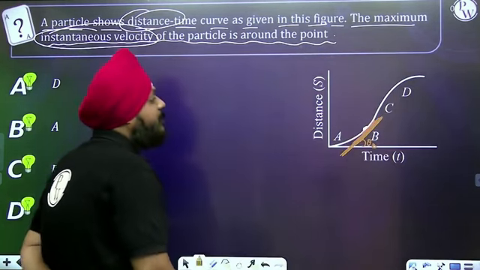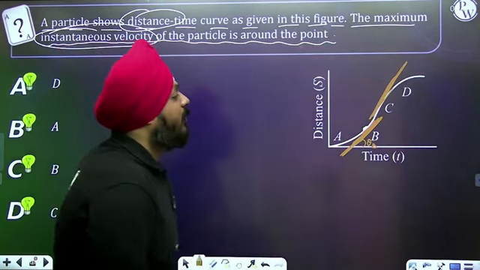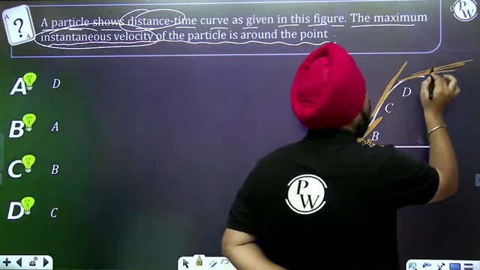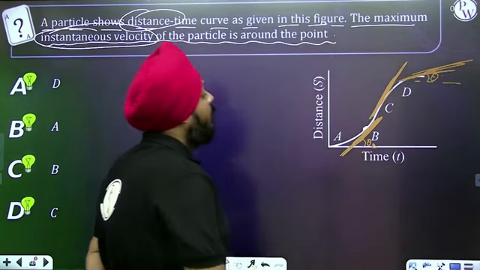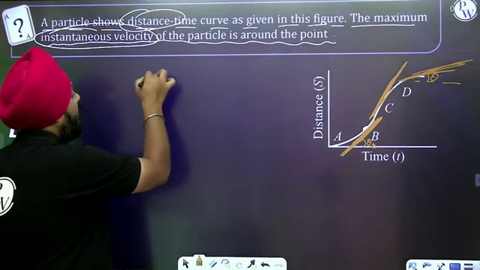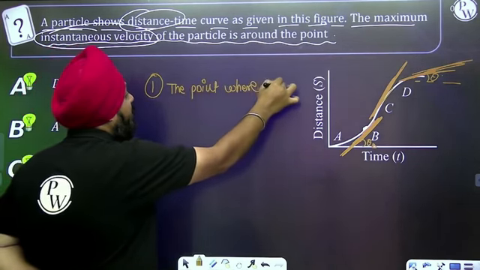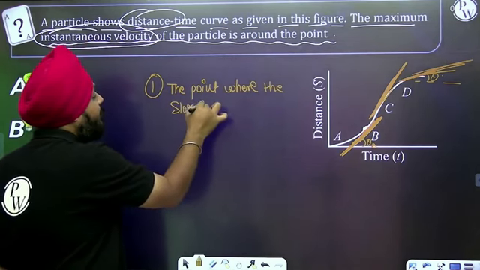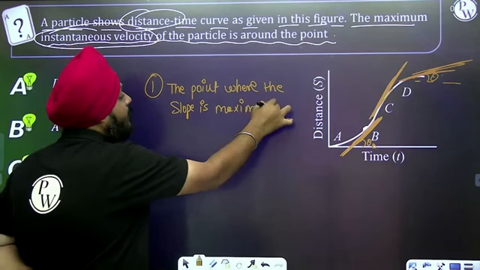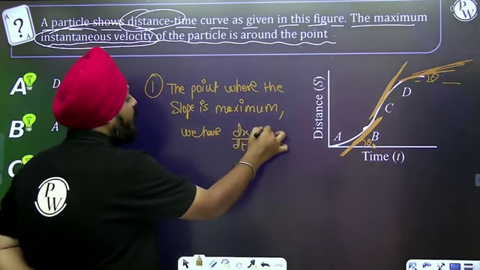This is the angle theta B is making. If I'm talking about C, and if I'm talking about D, where you are going to get the maximum, the point where the slope is maximum, we have dx by dt equal to maximum.